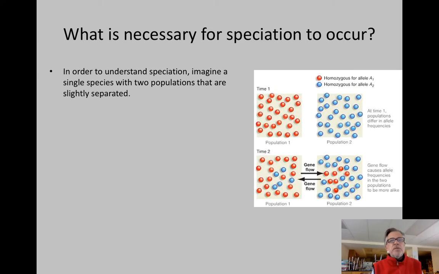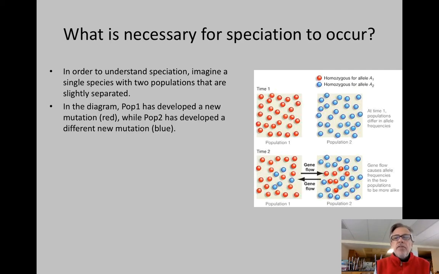In order to understand speciation, imagine a single species with two populations that are slightly separated. And in this diagram, you can see population 1 has developed a new mutation signified by the red coloration, while population 2 has developed a different new mutation signified by the blue mutation.